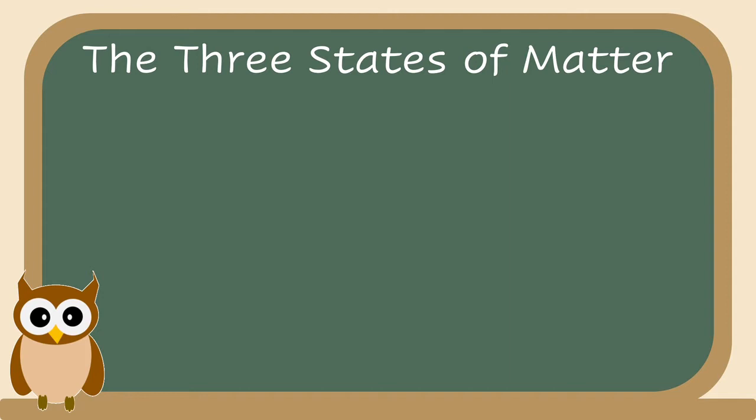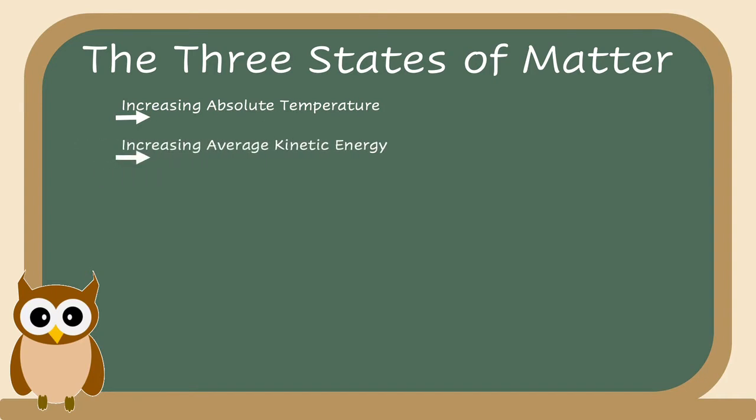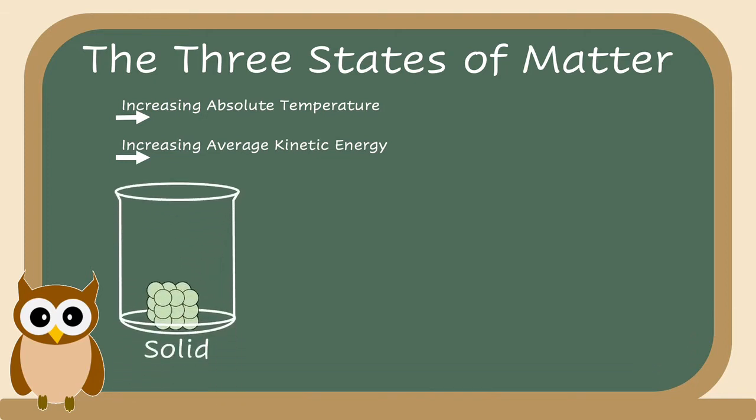So how does this relate to the three states of matter? Well, as the temperature increases, so does the average kinetic energy of the particles of the object. When the temperature is low, so is the average kinetic energy of the particles, and they remain in a fixed position.